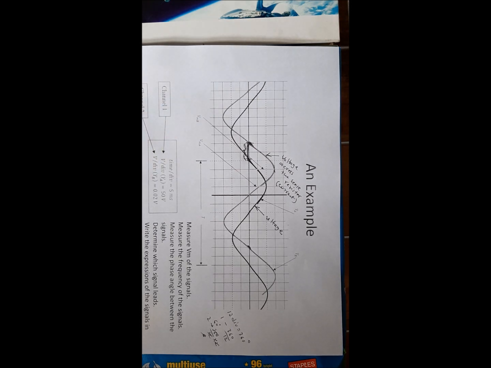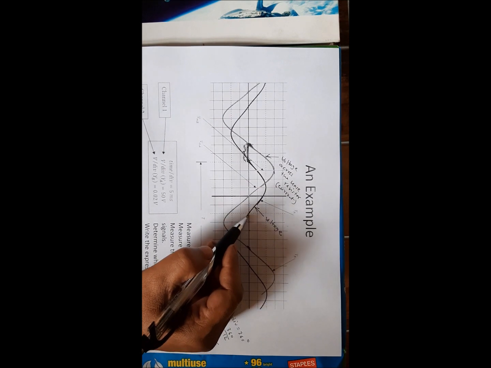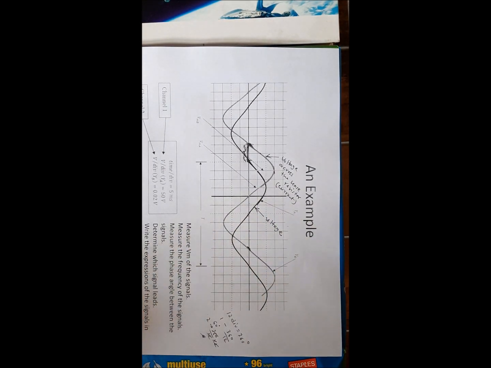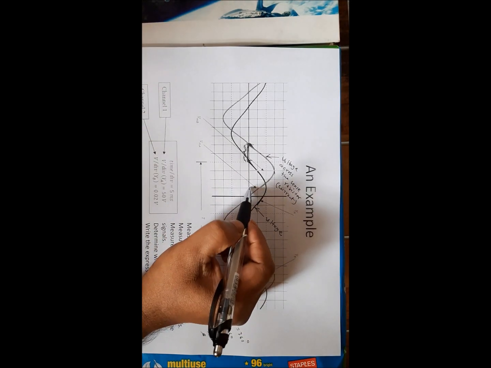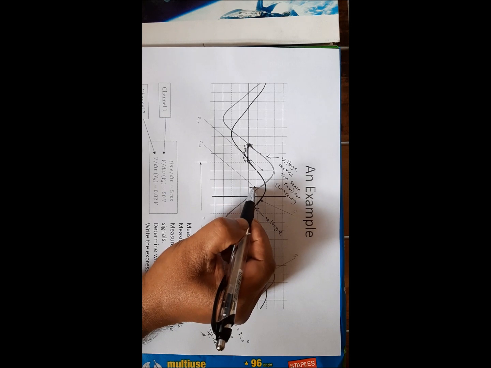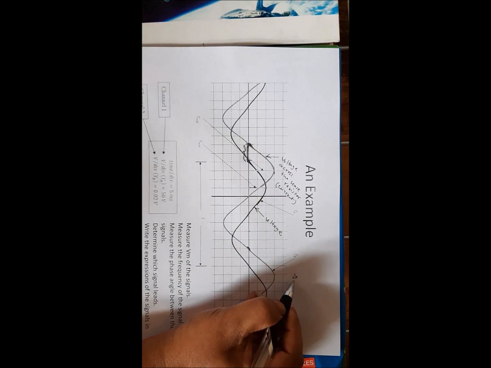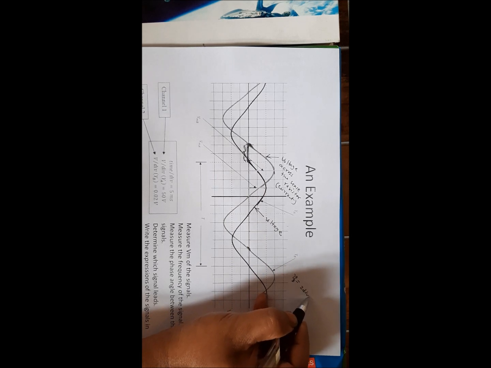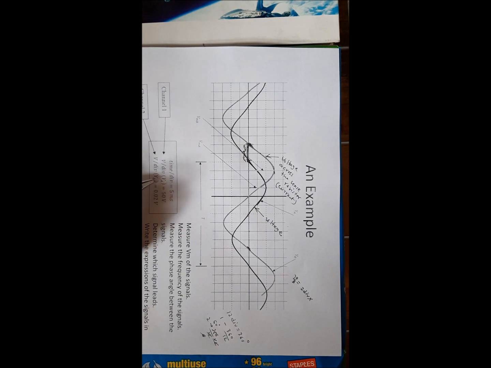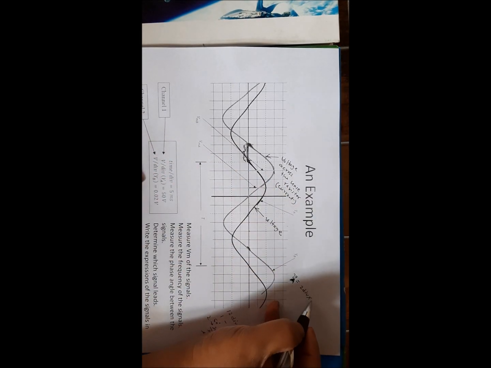Now let me find the expression of the voltage of channel 1. How can we find the expression for channel 1 voltage? To find it, you have to see the maximum amplitude has two divisions, 1, 2. So for channel 1, let's say VA has two divisions, and each division has 50 volts.